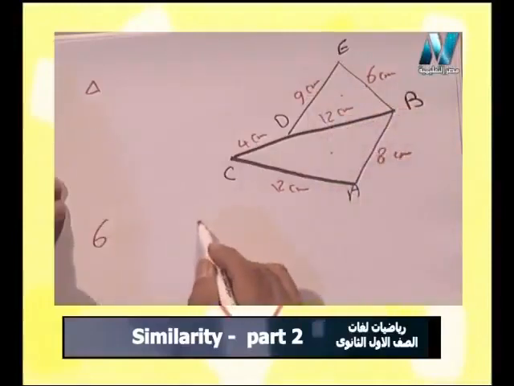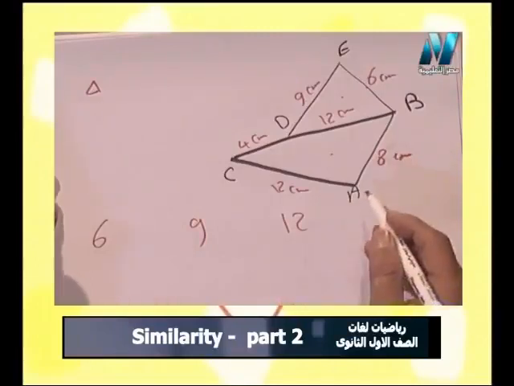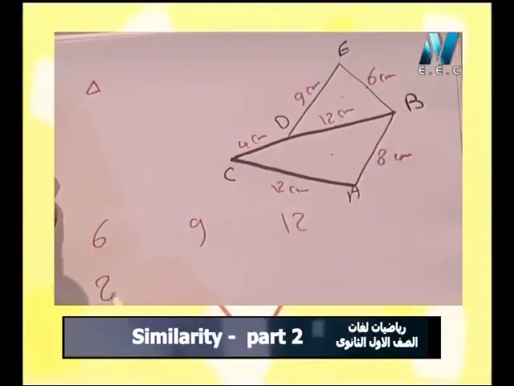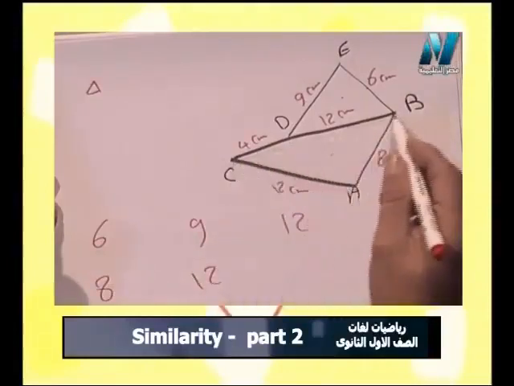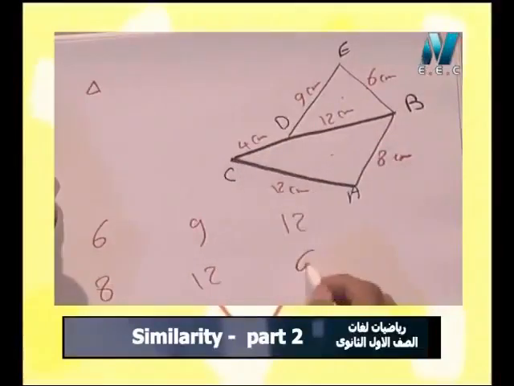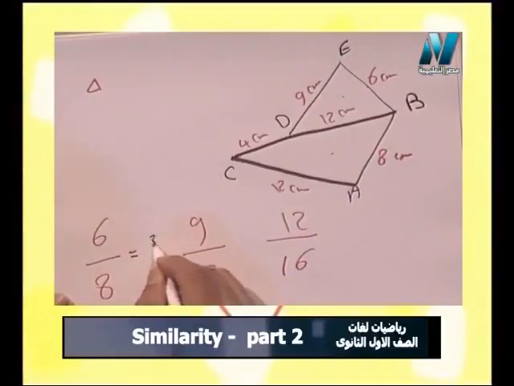And we put the sides of the second triangle from the smallest to greatest, so we arrange them as 8, 12 and 16. We have BC here, the sum of CD and DB, so it's 16, and put a fraction here. We will calculate them, and we will find that each of them equals 3/4.